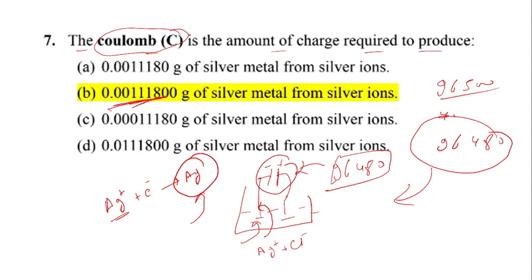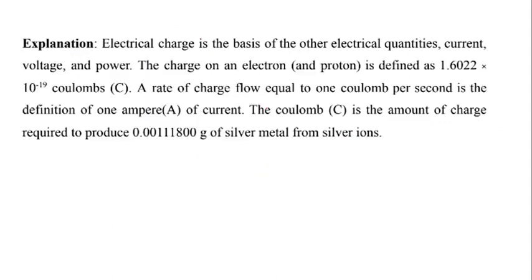But the concept behind it: what is the meaning of 1 coulomb? 1 coulomb means how much charge is there, and this is the Faraday constant.